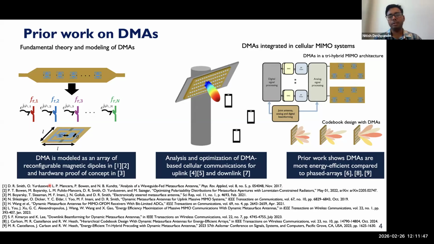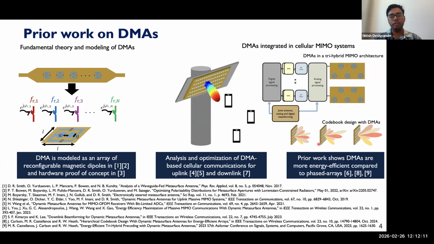Quite recently, DMA has also been incorporated in cellular systems for both uplink and downlink communication. In our group, we have also focused on integrating DMAs in a hybrid architecture where the DMAs can be configured jointly as a third precoding layer on top of this hybrid architecture. There are some papers which design codebooks with DMAs.